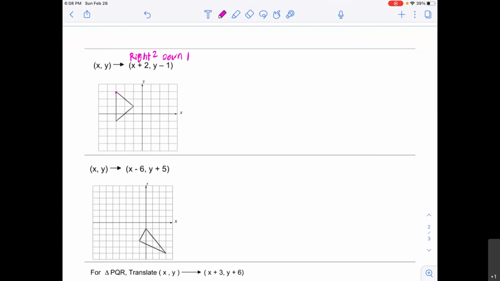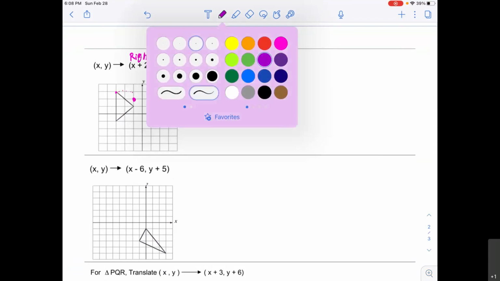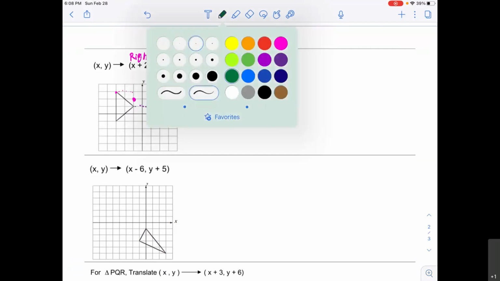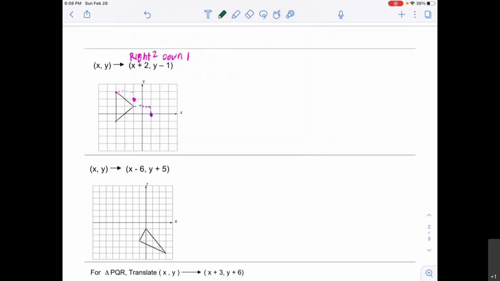So let's start at my first point. If I move to the right 2 and down 1, it goes right there. Right? My next point, I'm going to move to the right 2, down 1, goes there. And this point to the right 2, down 1, and it goes there.